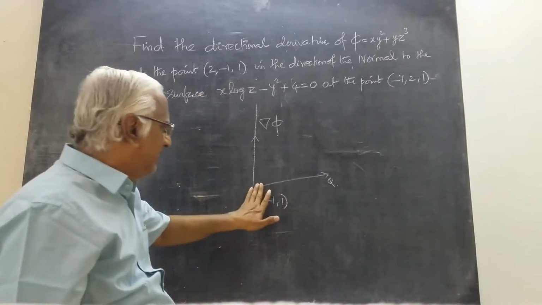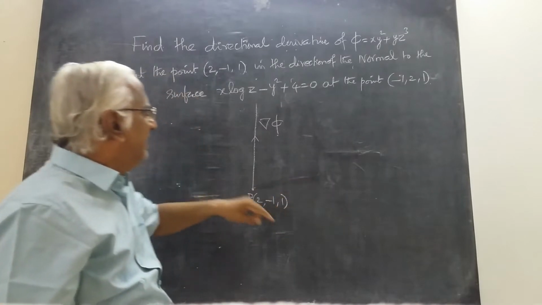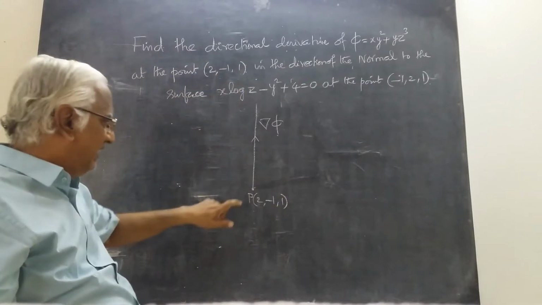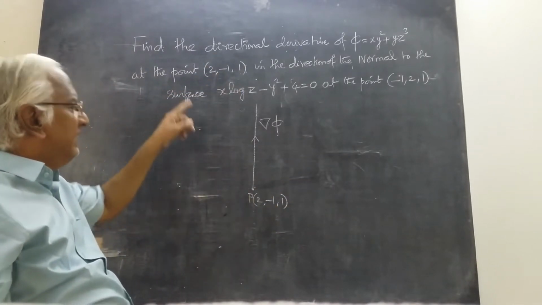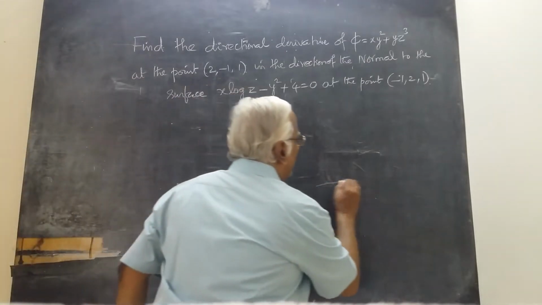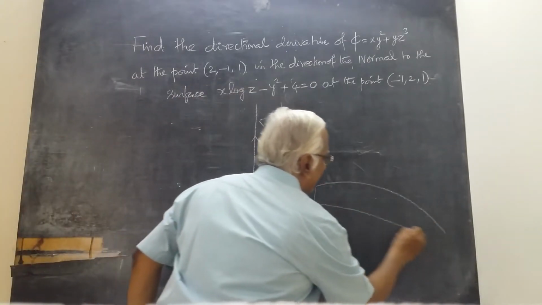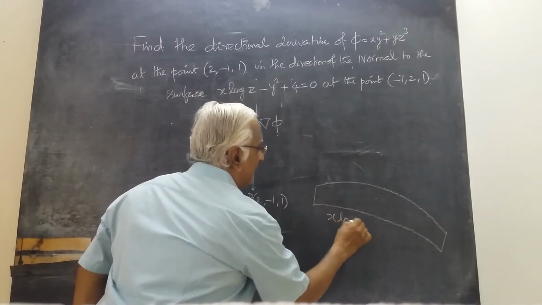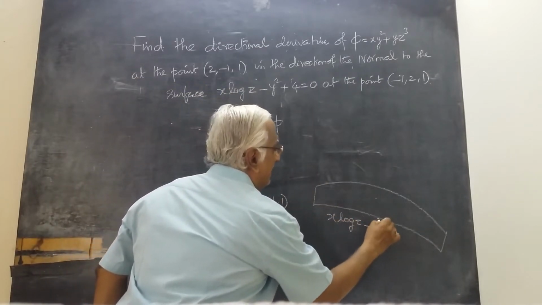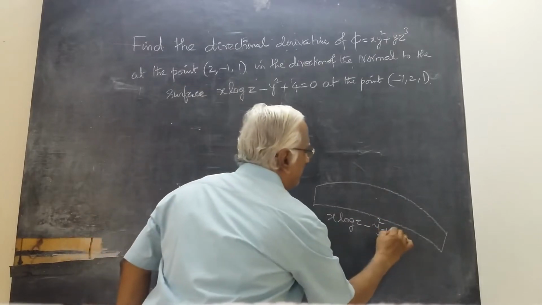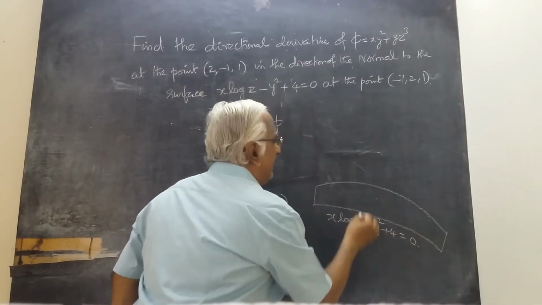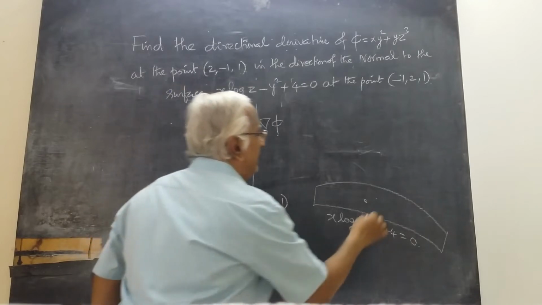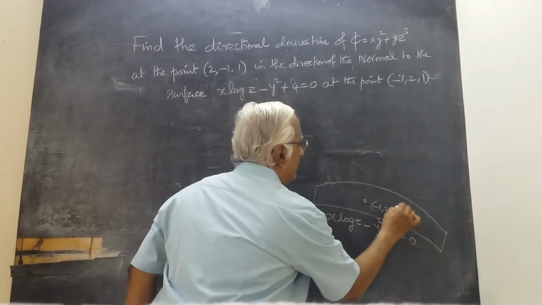But now what he is asking is the directional derivative of the function phi at the point in the direction of the normal to the surface. He has given a surface, x log z minus y square plus 4, and a point (-1, 2, 1).